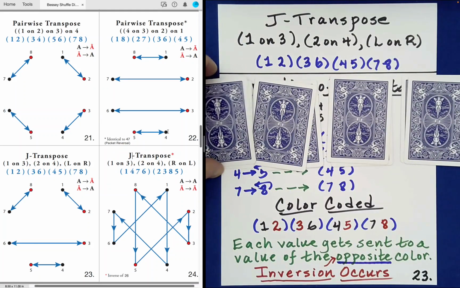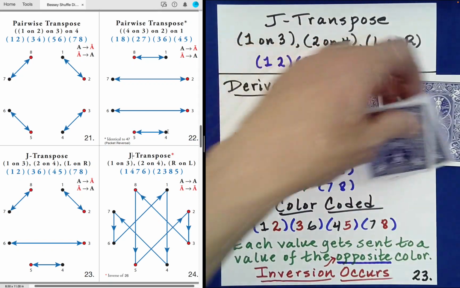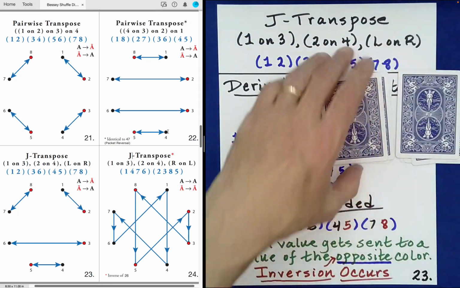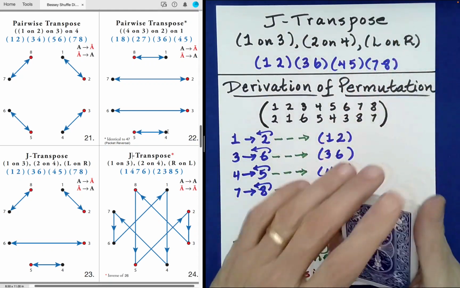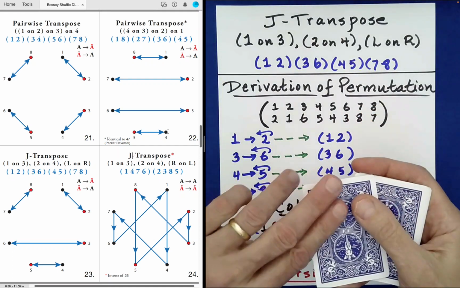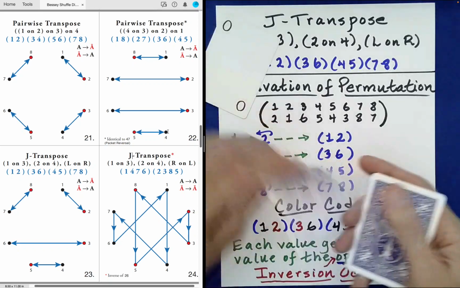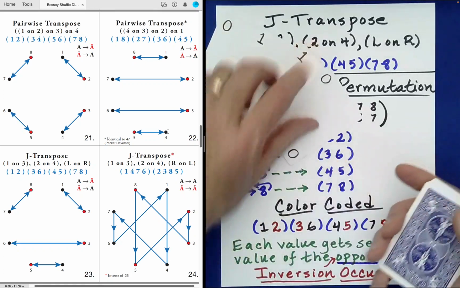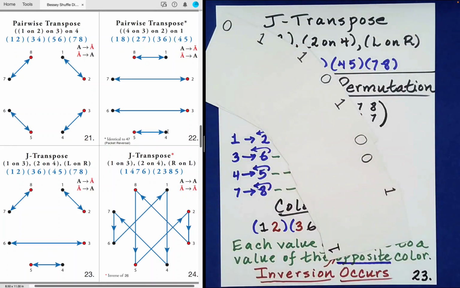We're going to stack 1 on top of 3, 2 on top of 4, and then the left pile on top of the right. So what we should get is the inversion of the Bessey sequence 1, 0, 0, 1, 0, 1, 1, 0, and the inversion is 0, 1, 1, 0, 1, 0, 0, 1. So an inversion has indeed occurred.